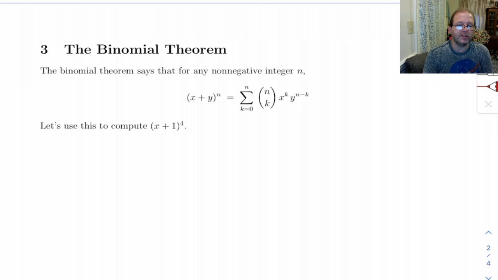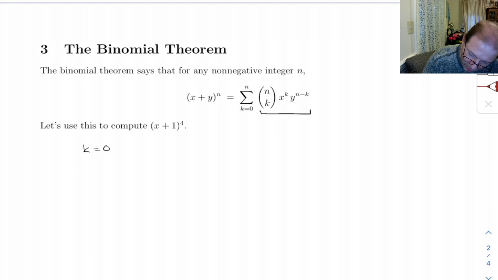So for starters, let's compute (x + 1) to the fourth. What this says is basically we're going to get this repeated for each value of k. N is 4.